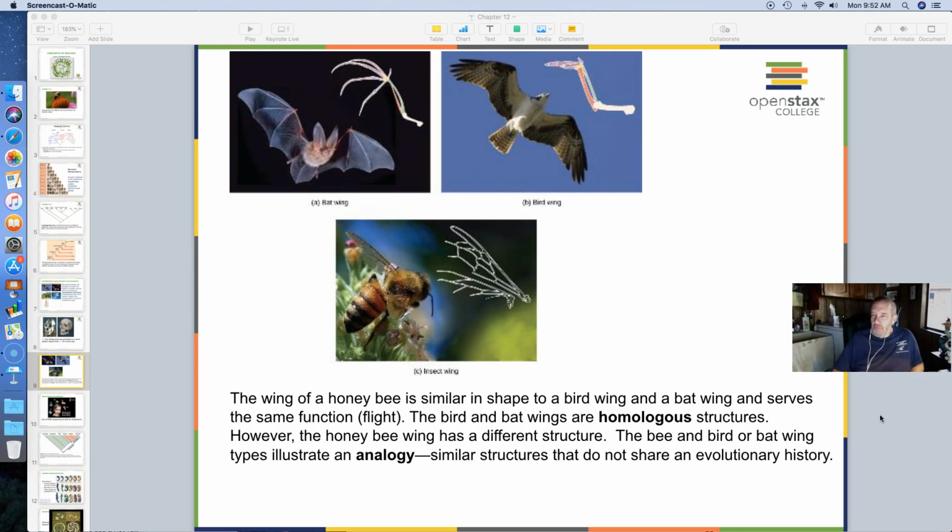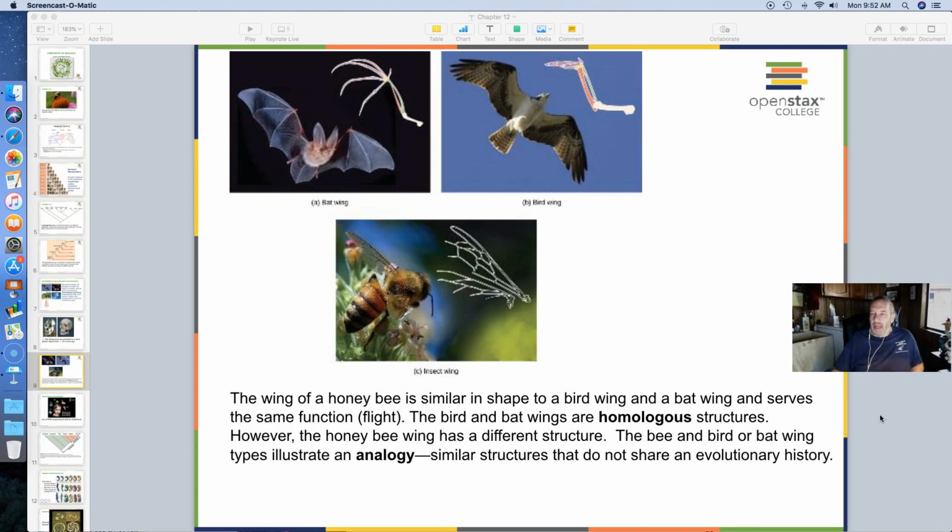They function for the same general purpose, to allow flight, but the structure of an insect wing is not supported by bones. It's supported by other material like chitin. And so those species, even though they both fly, are far less genetically similar to each other, because again, we don't see the same sort of homologous structures.